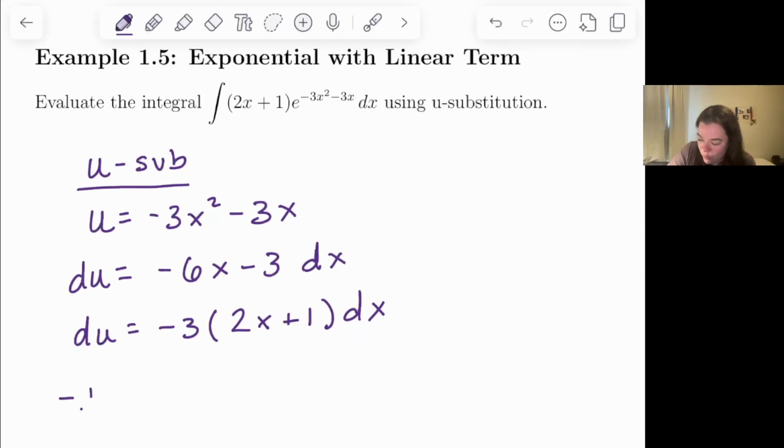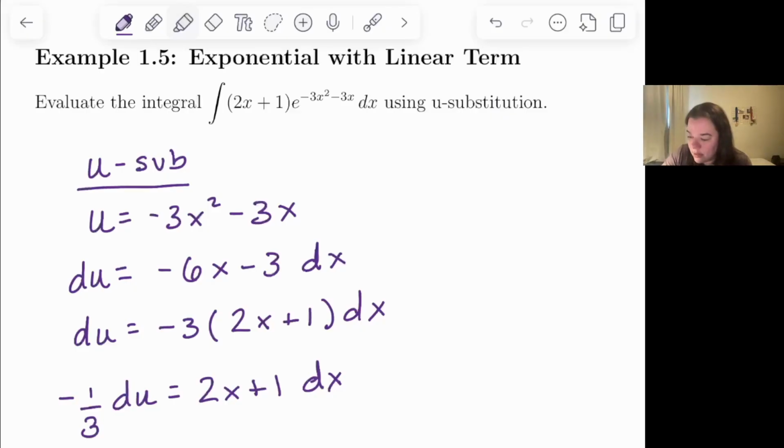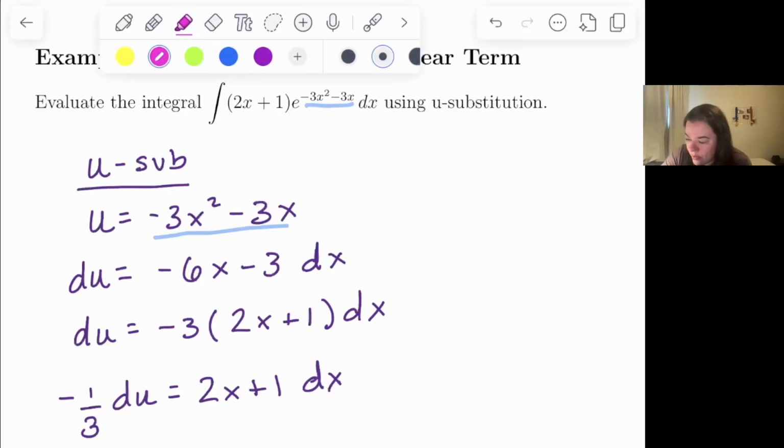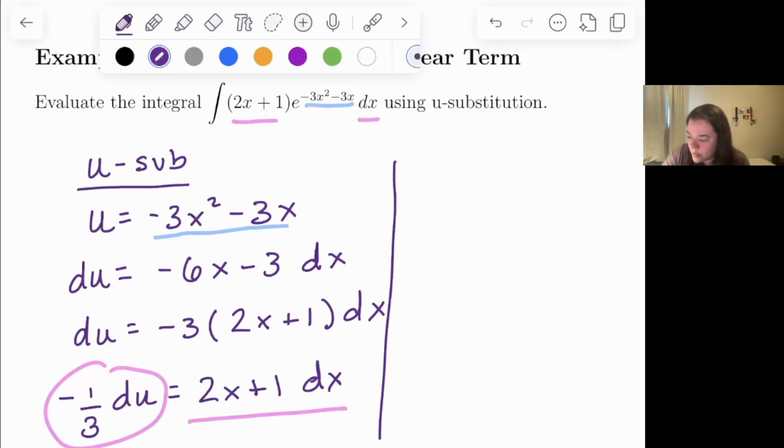So this is negative 1/3. I just divided by negative 3. Negative 1/3 du will equal 2x plus 1 dx. There it is. Let's highlight. There's a replacement for u, and then the 2x plus 1 dx is going to be replaced by negative 1/3 du. Let's do that in the substitution step.